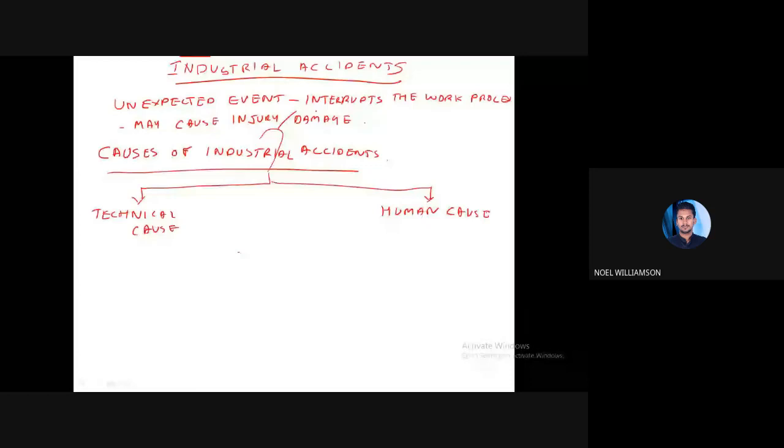So these are the two classifications of the causes. The first one is technical cause, and the second one is human cause. Technical cause means causes mainly related to technical issues like mechanical issues or environmental factors.